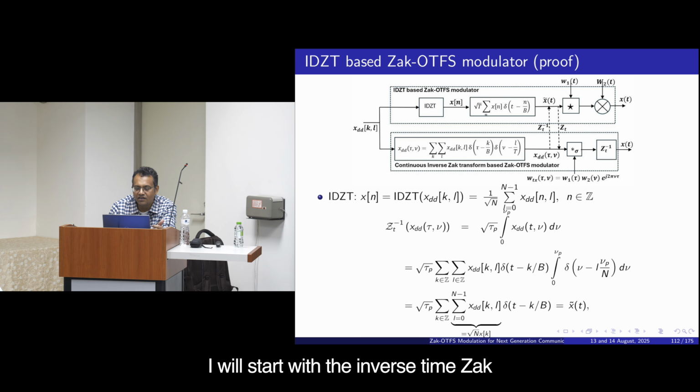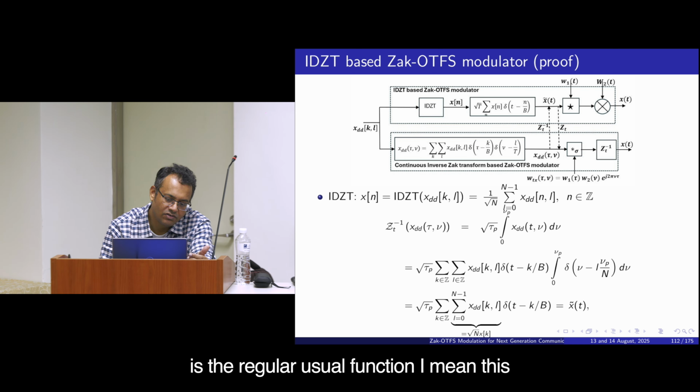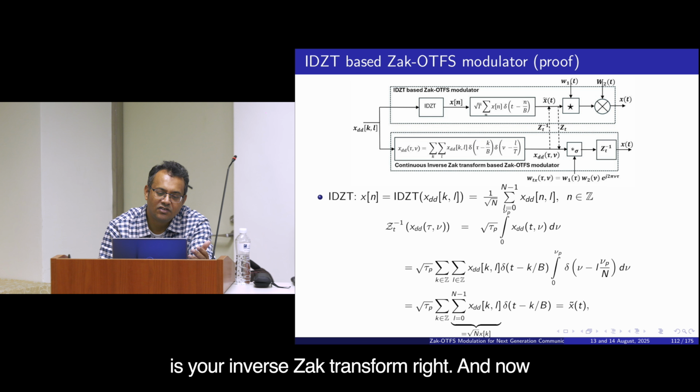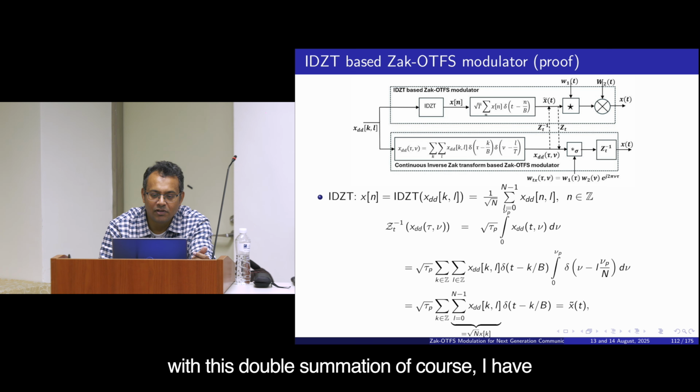I'll start with the inverse time Zak transform of x dd tau comma nu, this signal, and that is given by the usual function, this is your inverse Zak transform, right. And now here for this x dd, I will replace it with this double summation.